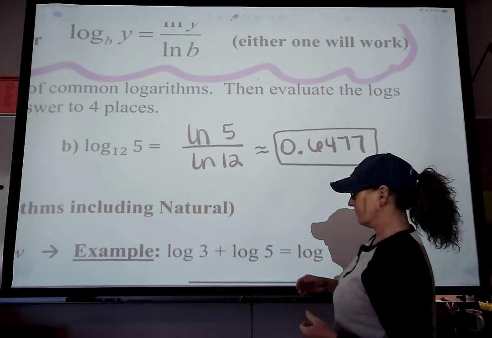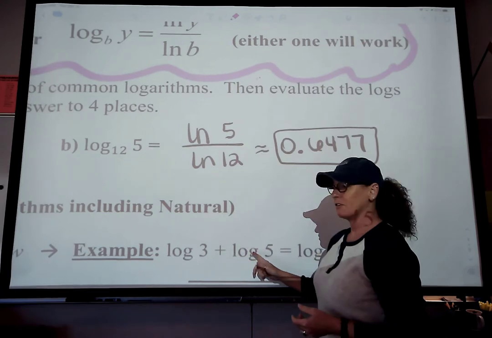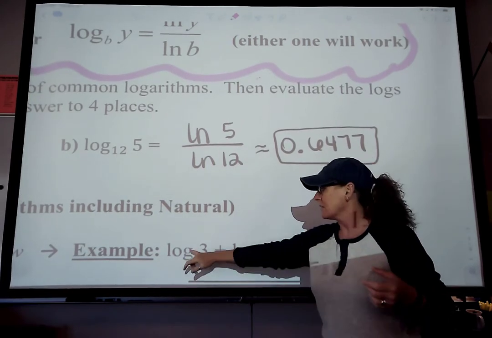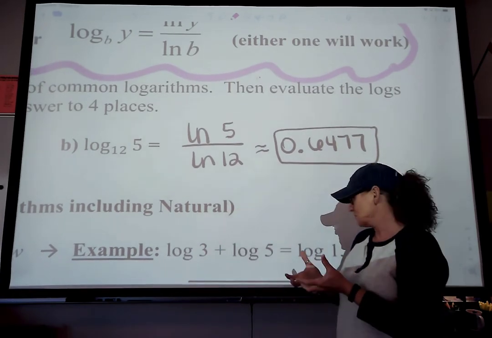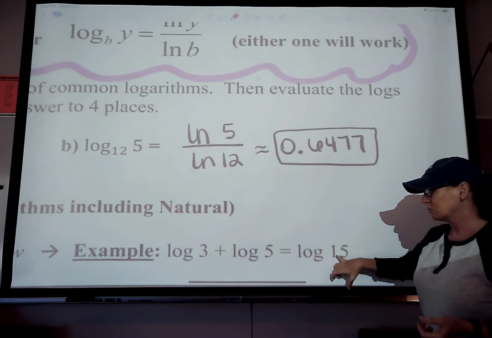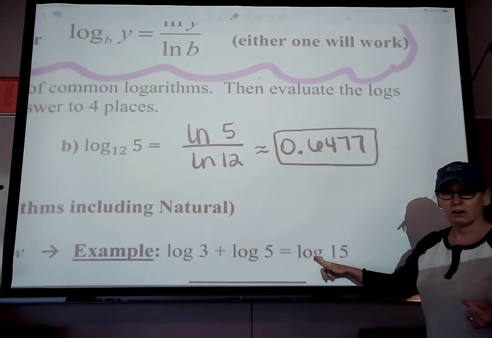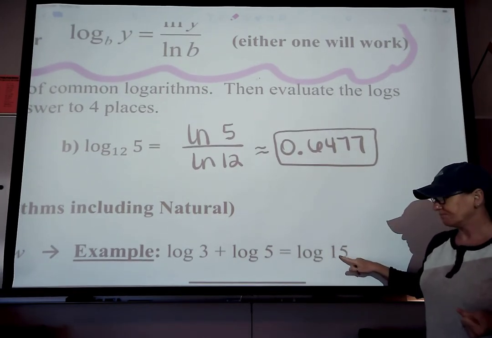So, I've got 2 logarithms, same base. Let's say I wanted to condense those into 1 logarithm. Well, I've got 2 logarithms with addition. I can condense those using multiplication. So these 2 turn into 1 log, and this becomes 3 times 5.